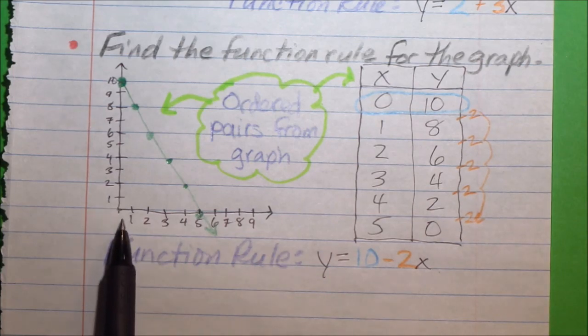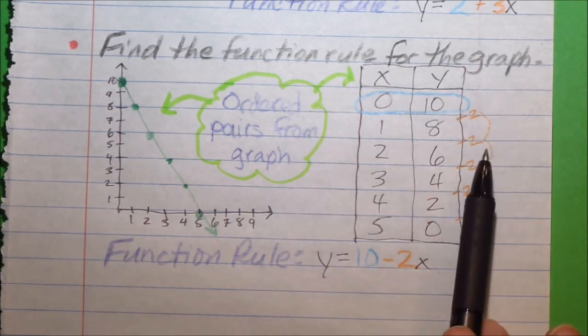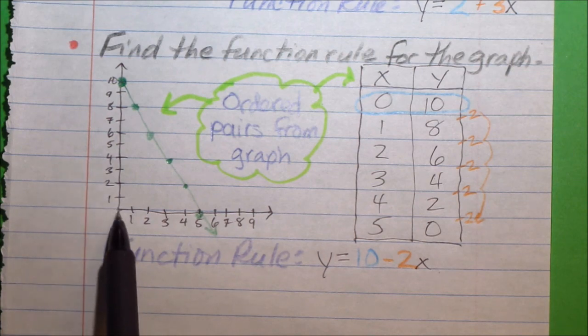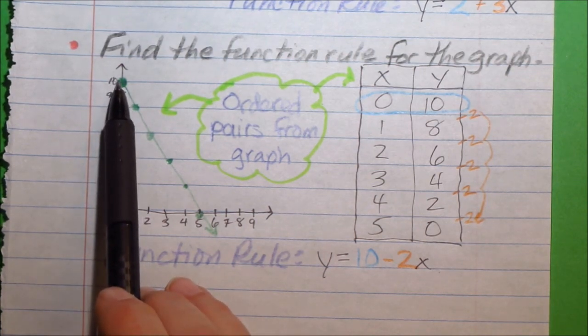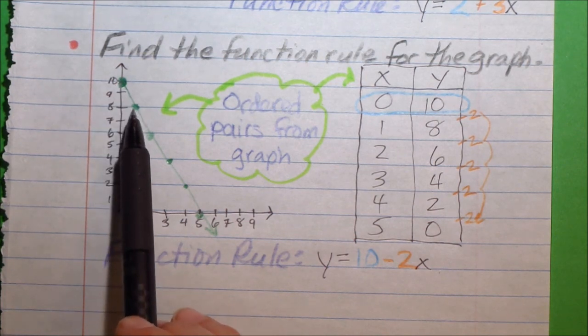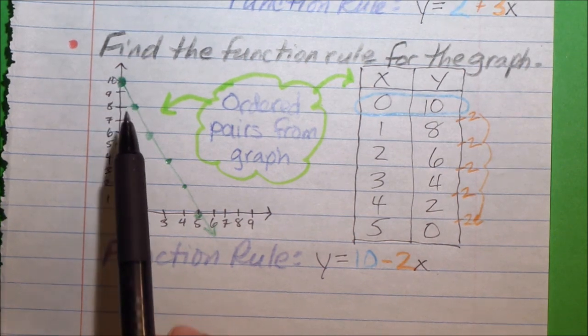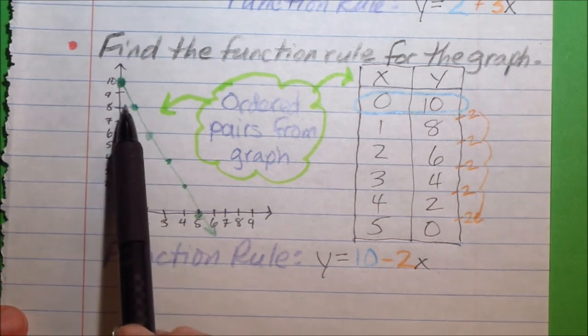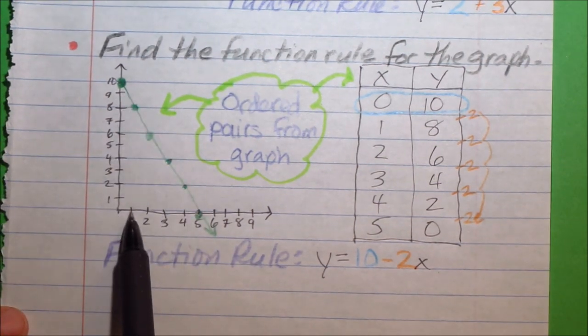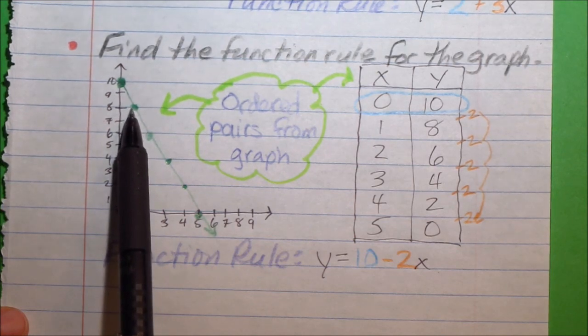And then I can start seeing my rate of change without even having to do this, by knowing that every time I go over 1 on x, how did it change? Did it go up or down? On this one, it's going down, so I know it's going to be negative, and it went down by 2. When I went over to 1, I saw that this point went down 2. It went from 10 to 8.